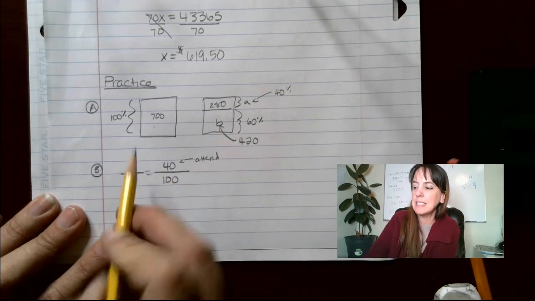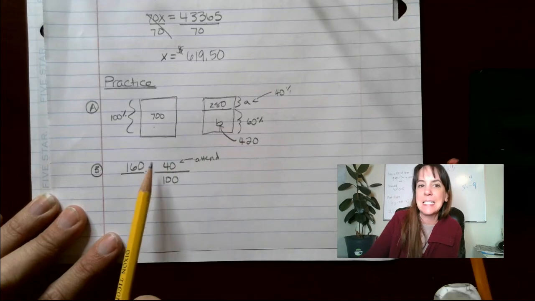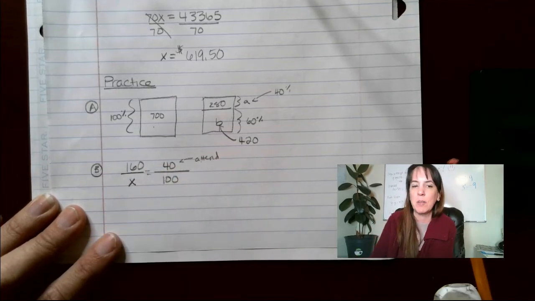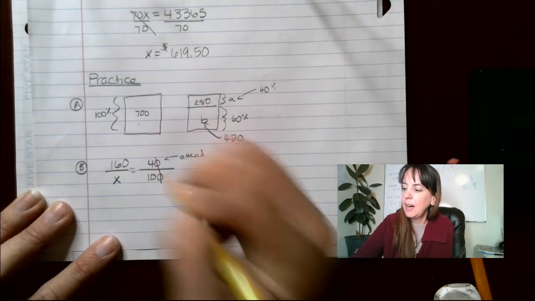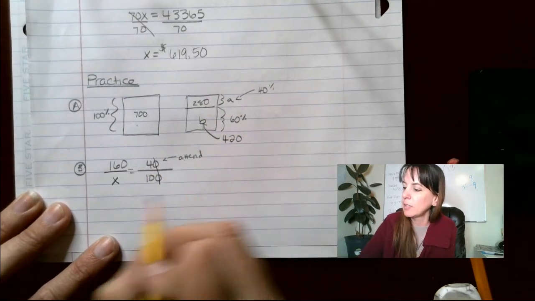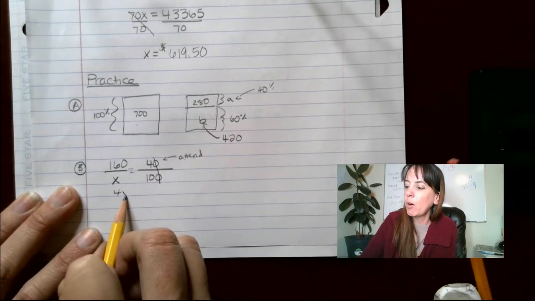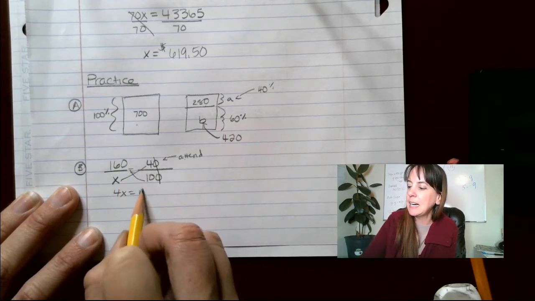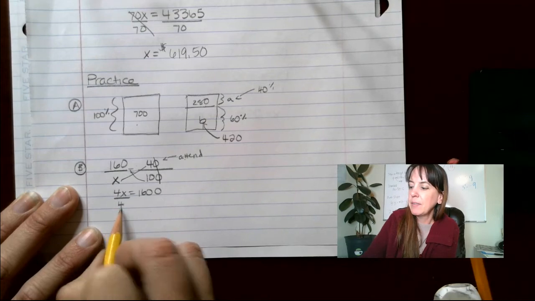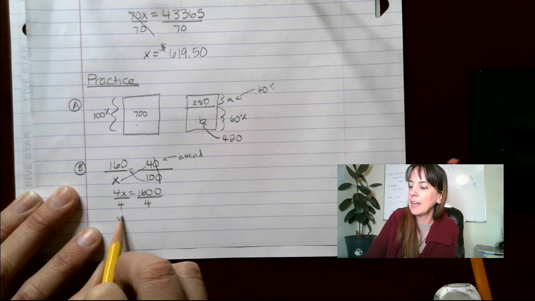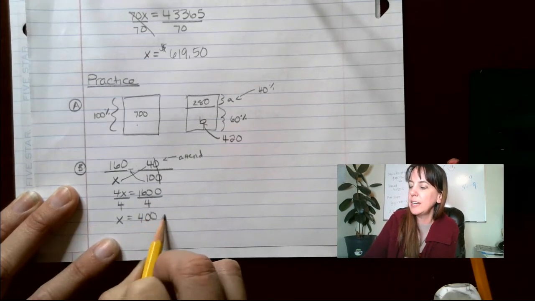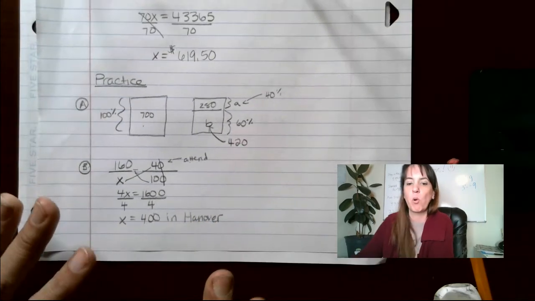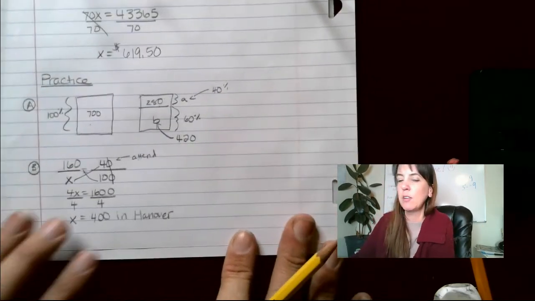That means 160 goes right up here, because that's where we're dealing with attended. This is going to be the whole amount that are in Hanover. I'm going to lob some zeros off just to make life a little easier. So I get 4x equals, that's this times this, 1,600. Divide by 4, divide by 4. X equals 400. There are 400 Icons in Hanover.